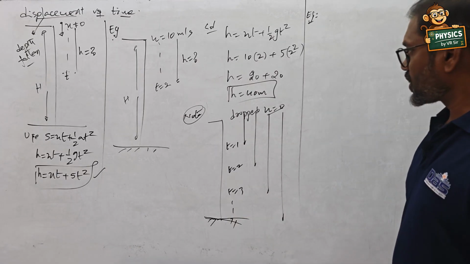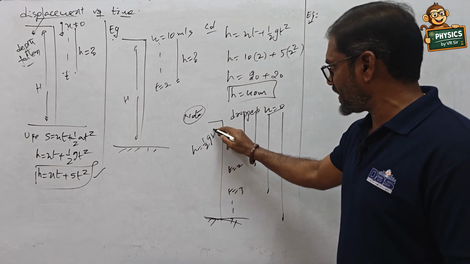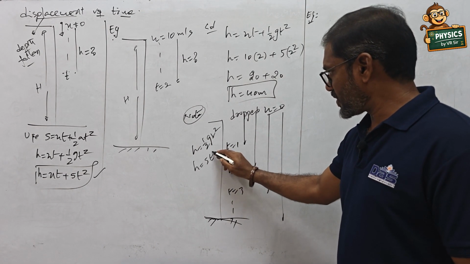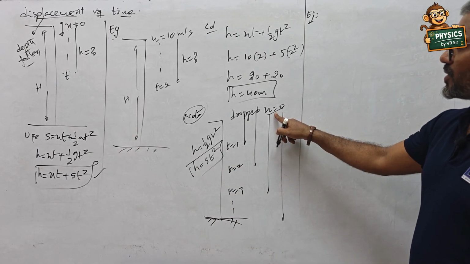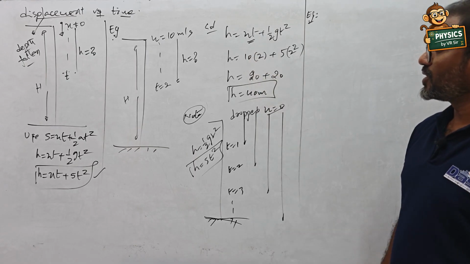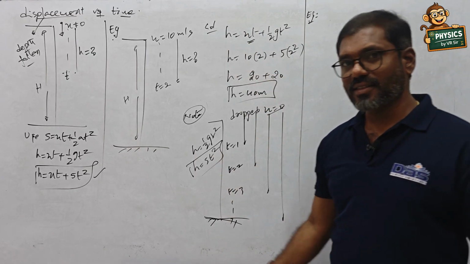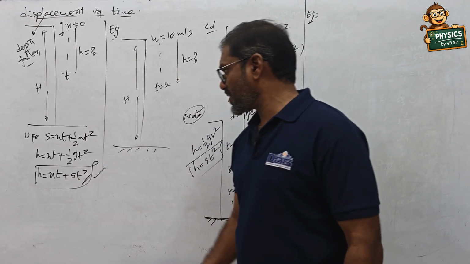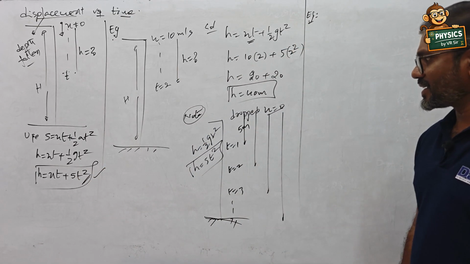The formula is h is equivalent to half gt square, h is equivalent to 5t square directly. Why? Because it is dropped from some height, initial velocity is 0, so the ut term is equivalent to 0. The term left over is only half gt square, 5t square. We discussed this already, that is the reason I am writing it directly.